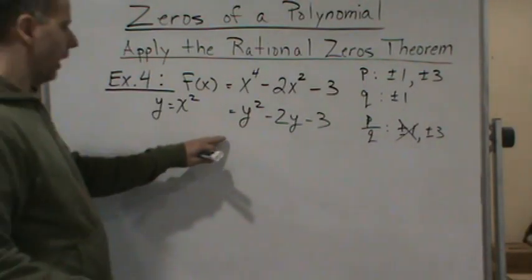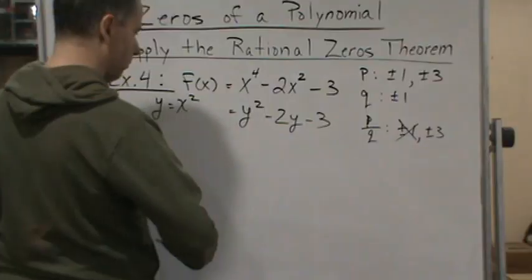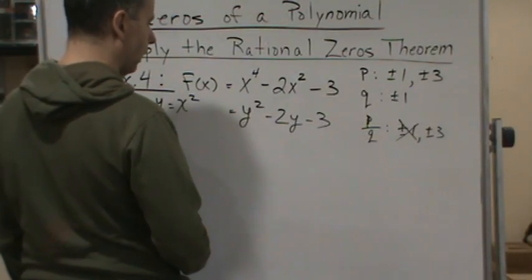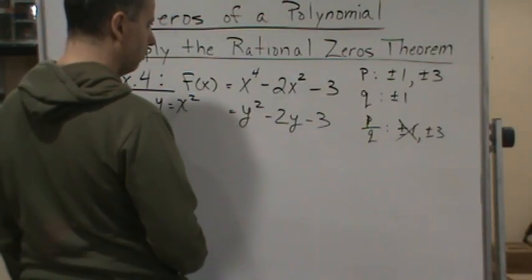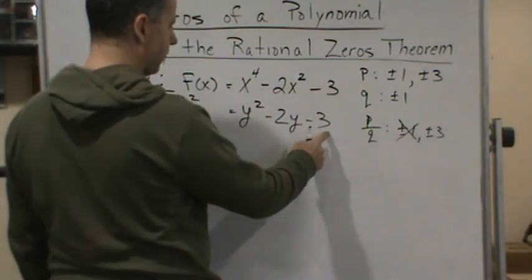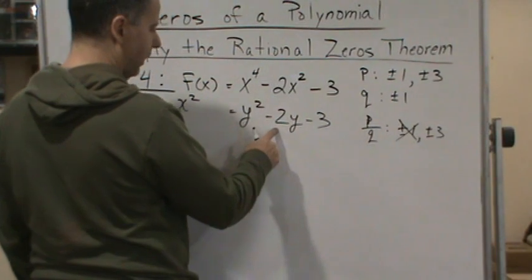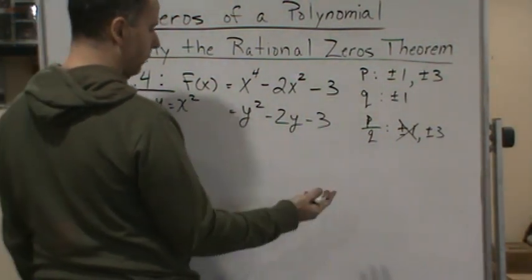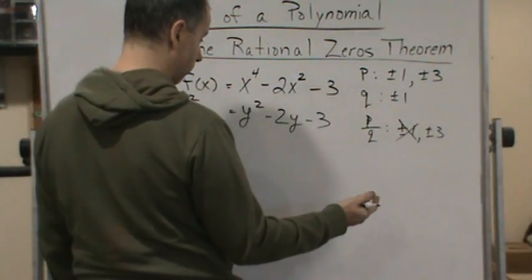And now I can factor this, okay? Because now I can find two factors of negative 3 that add to negative 2, which is going to be 1 and negative 3, okay?